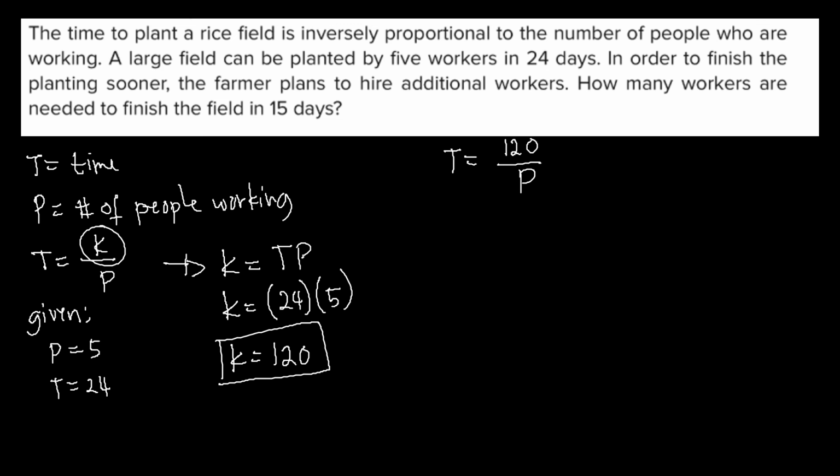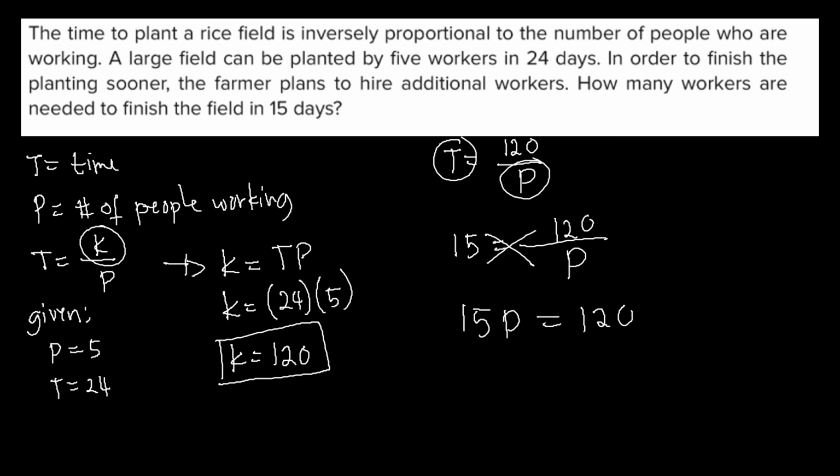Okay, next problem. How many workers are needed to finish the field in 15 days? So, what are we looking for? The number of workers, which is the P. We have a given of 15 days, and that is the T. So let's substitute. 15 days is equals to 120 over P, since P is what we are looking for. So we need to use cross multiplication to find the value of P. So, 15 times P will be 15P equals 120.